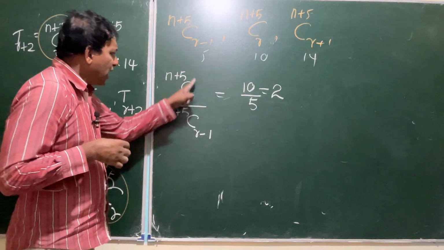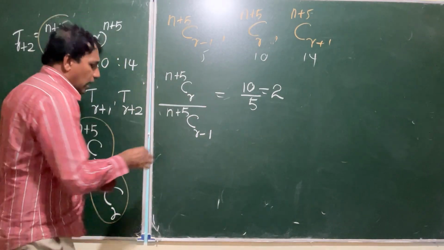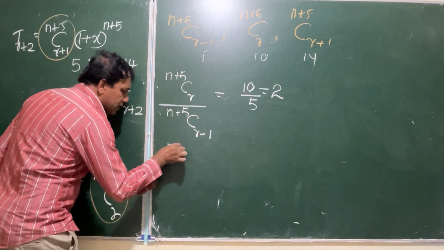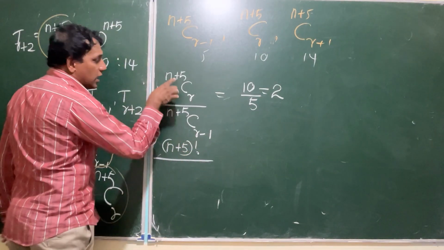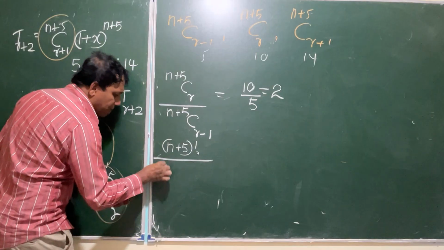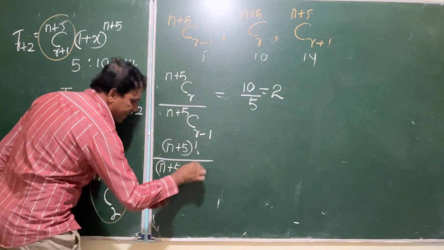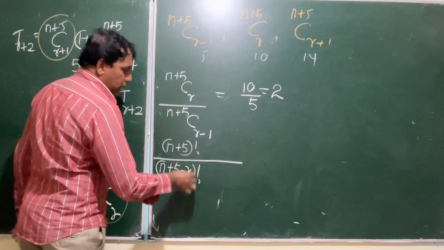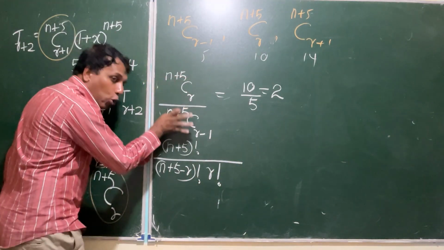Now, can I write the simplification of the nCr pattern? How is this? (n plus 5) factorial over (n plus 5 minus r) factorial into r factorial, this over that.